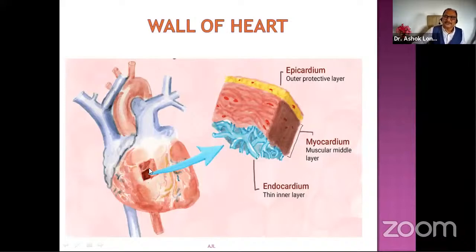When you take a section of the heart, you get three layers: the epicardium, where epi means upper portion, then the myocardium, meaning the musculature, and the endocardium, the inner structure.